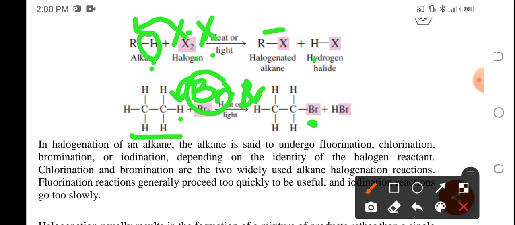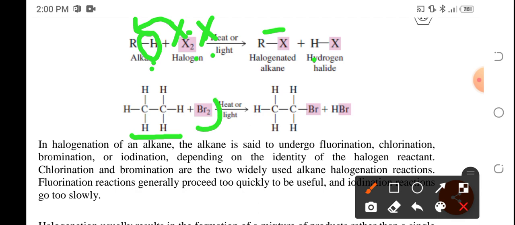Tapos kanina, instead na Br2 siya, na-substitutan yung isang bromine atom niya ng H, kaya naging HBr siya. Okay? Ang tawag dito ay hydrobromic acid or hydrogen bromide.